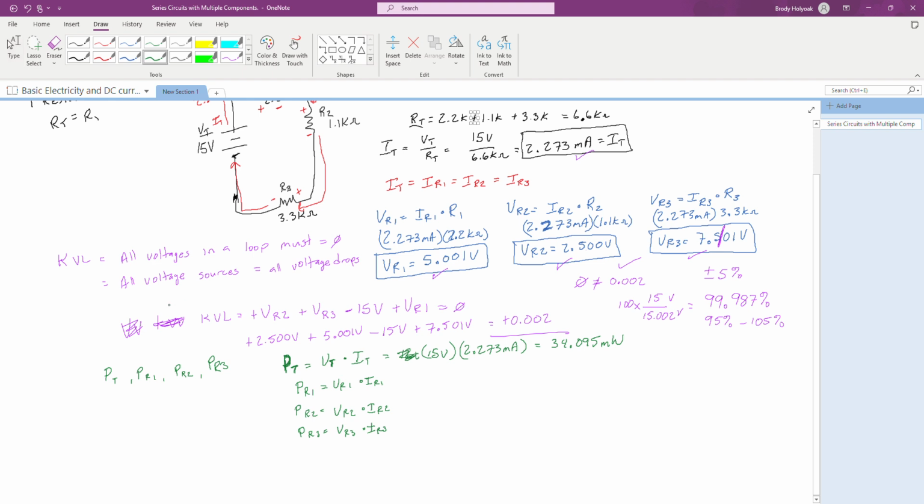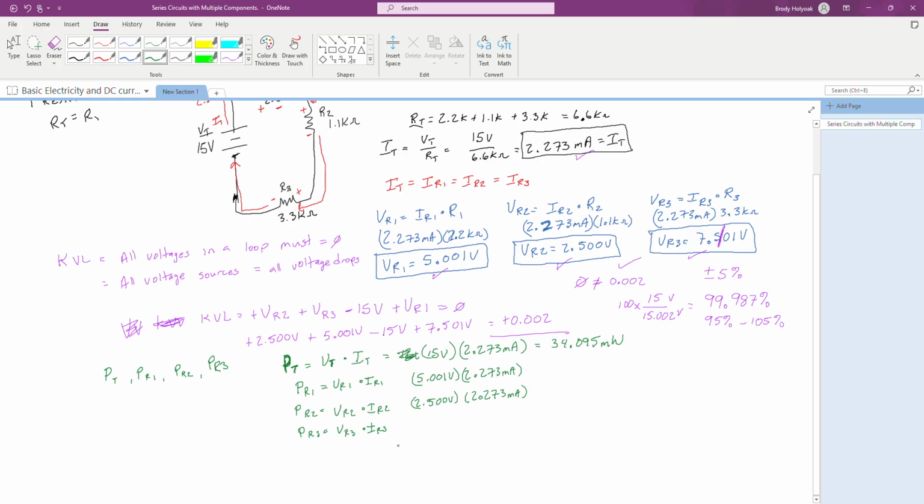Just now I'm getting into the part where I'm looking at the relationships of each individual component to the other parameters. So the voltage of R1 is 5.001 volts. The current of R1 is 2.273 milliamps. The voltage of R2 is 2.500 volts, and my current is 2.273 milliamps again.